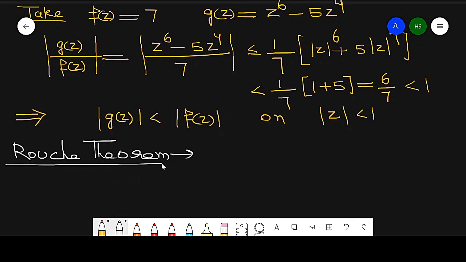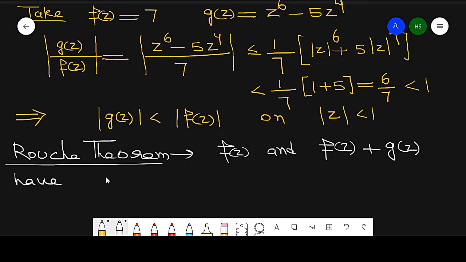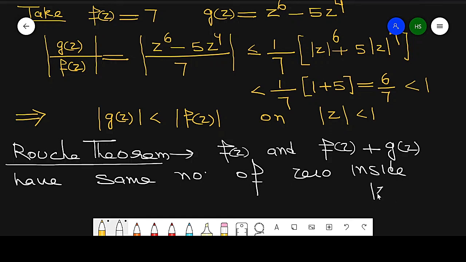So by Rouche's theorem, the functions f(z) and f(z) plus g(z) have the same number of zeros inside modulus of z less than 1. Now f(z) is a constant, so it has no zero. It means it has no zero inside C.